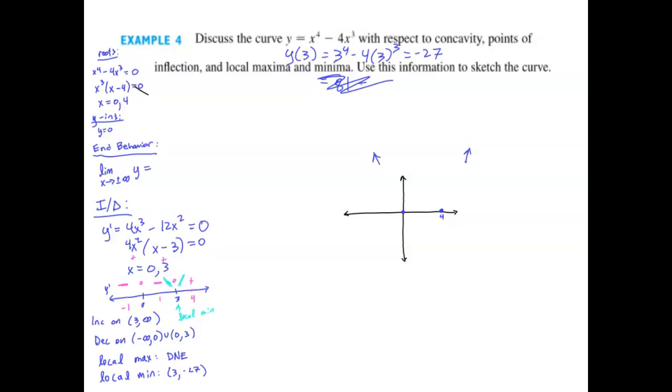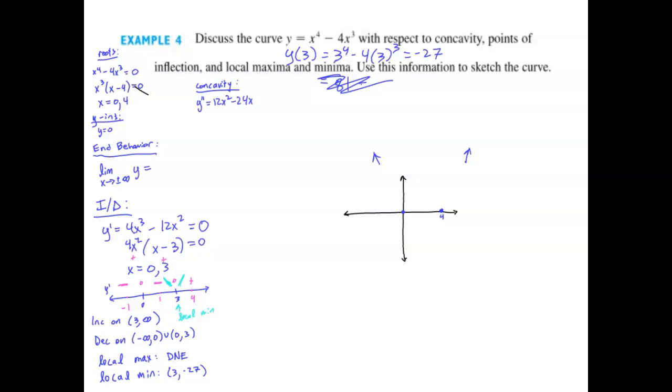Okay. So the last thing to check for is concavity. I'm going to do this real quick. That's going to be the second derivative, so I'm going to look at y double prime. The second derivative is going to be 12x squared minus 24x.